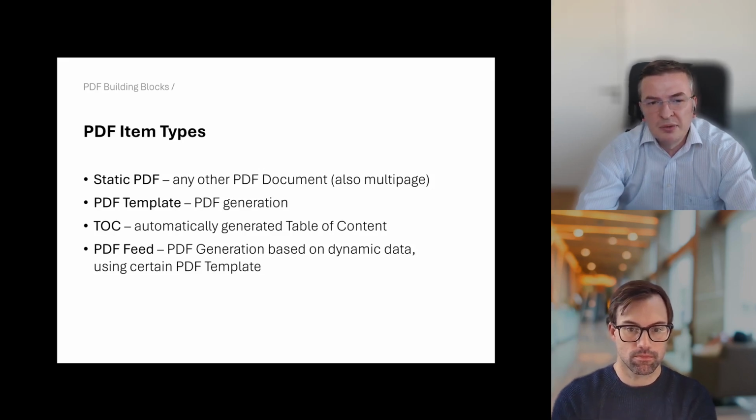I can use PDF templates for dynamic PDF generation itself. I can automatically create a table of contents, which is generated based on my predefined design. I will show you this a little bit later. And I can also generate PDFs based on some dynamic data, for example, for selected products.